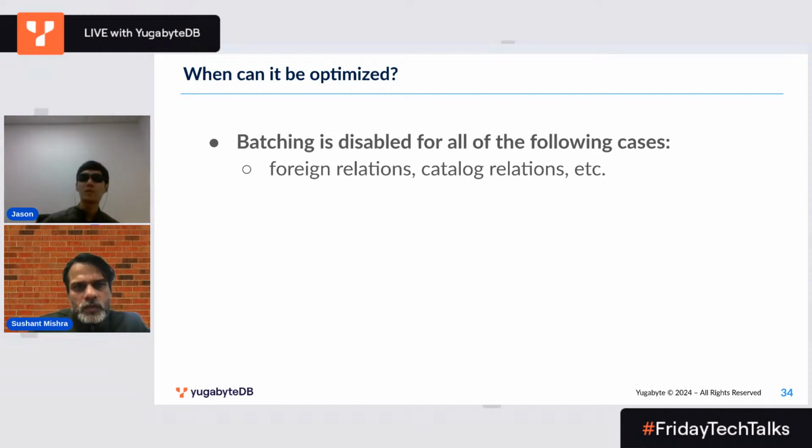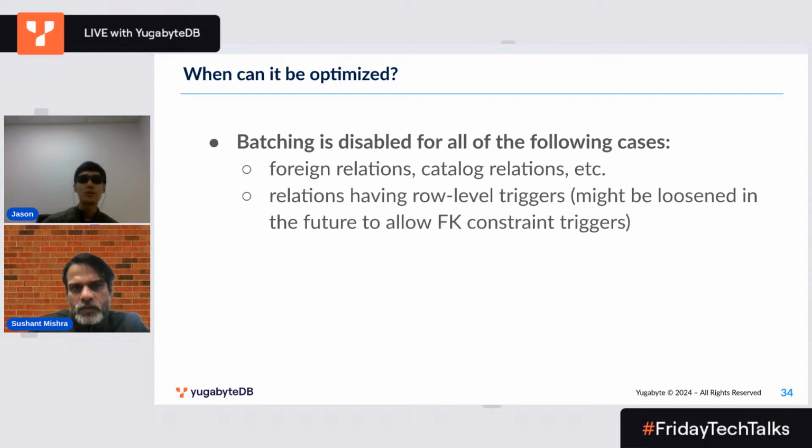Well, collations, I don't remember the exact reason, but there was some issue there. And foreign relations actually have this other batching that vanilla Postgres supports. Right now, we're just keeping them separate from our batching.